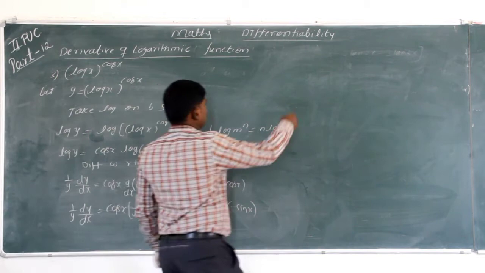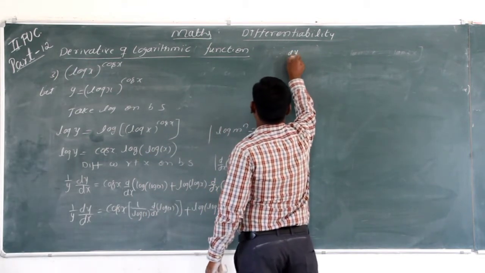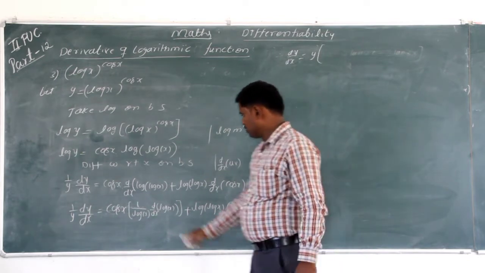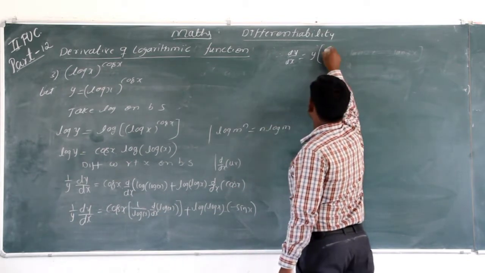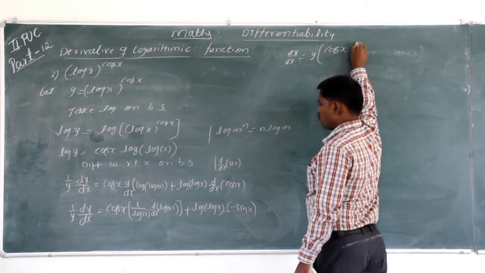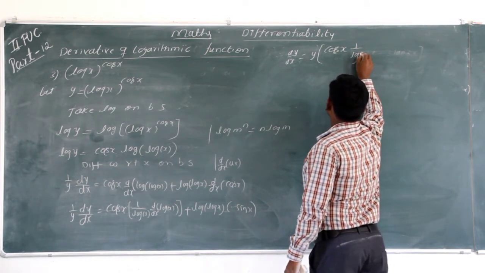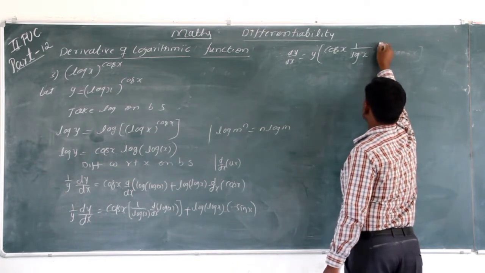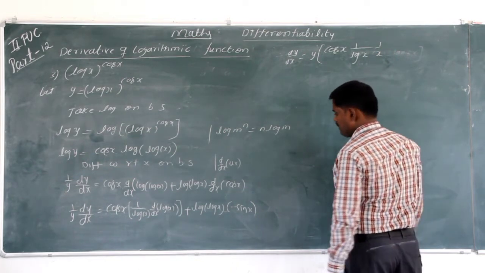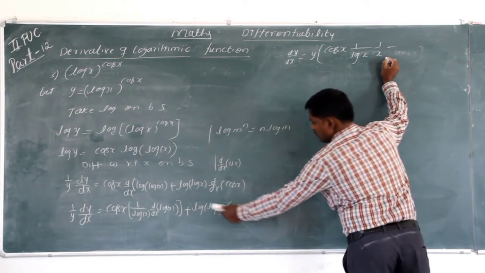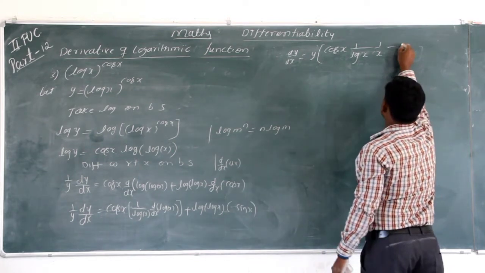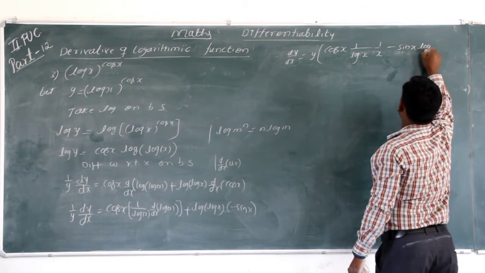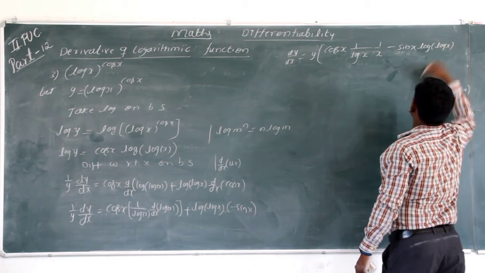So now we are going to differentiate this term. Therefore dy by dx is equal to y into cos x into 1 by log x into the differentiation of log x with respect to x, which is 1 by x. So take minus sin x into log of log x.